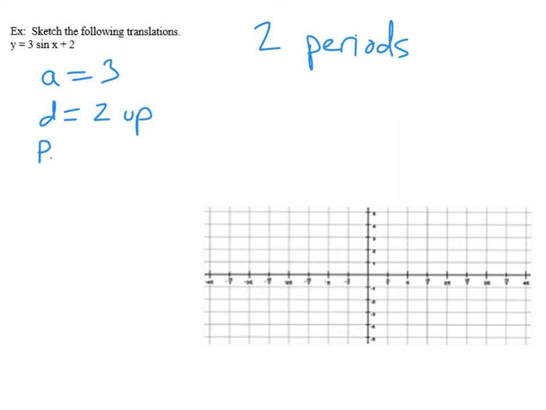Now, even if the period is unchanged, in this case it is, I always mark it. It's very important before I make the graph that I know what the period length is. Standard for a sine curve is 2 pi, unless it's been changed, right? There's nothing in front of x up here, so it's unchanged.